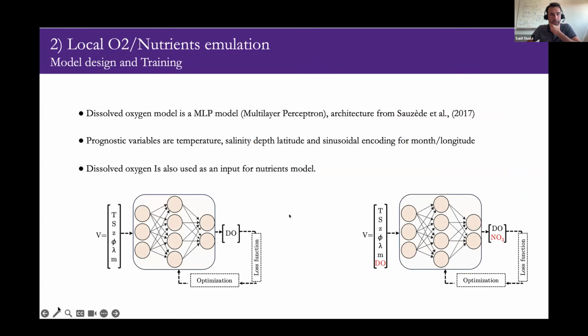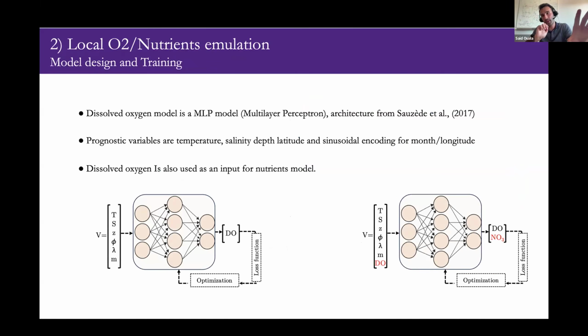Now, regarding the neural network architecture, it's a simple multi-layer perceptron. The architecture is actually quite inspired from the work of Raphael Sauzet, in her paper of 2017. What we did here is to basically have two different models.